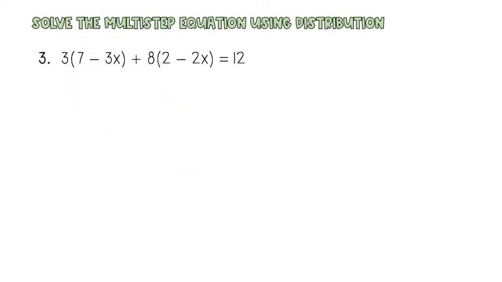Let's do one more practice problem together. Here I have to use the distributive property twice. So we have 3 parentheses, 7 minus 3x parentheses, plus 8 parentheses, 2 minus 2x parentheses equals 12. So I'm going to start by drawing my arrows.